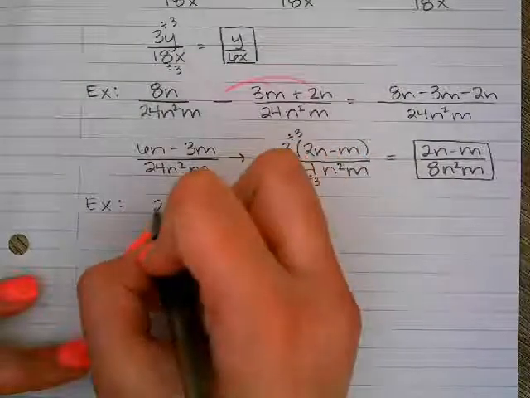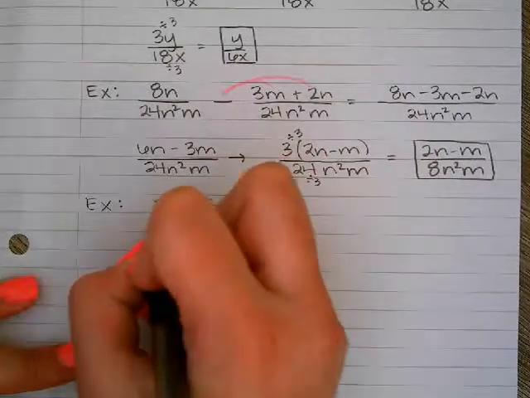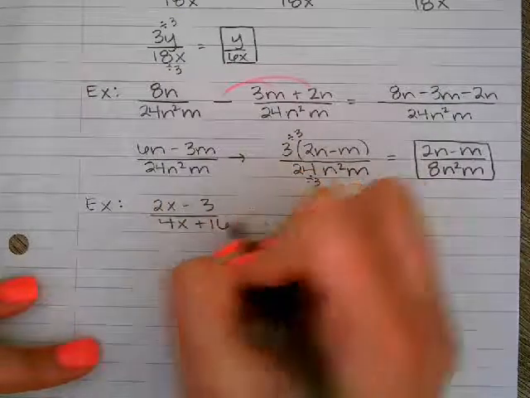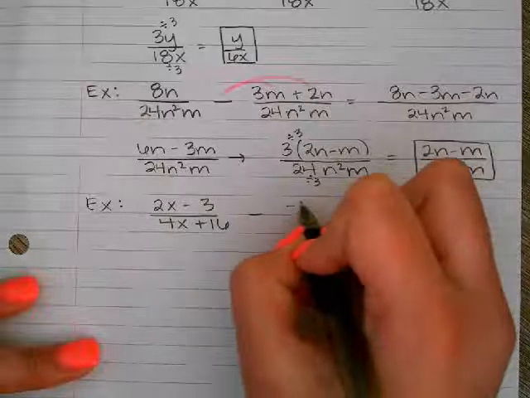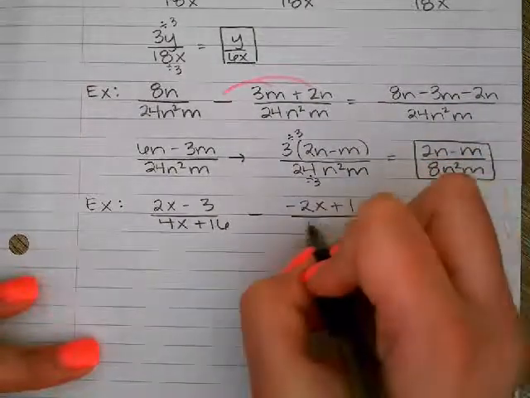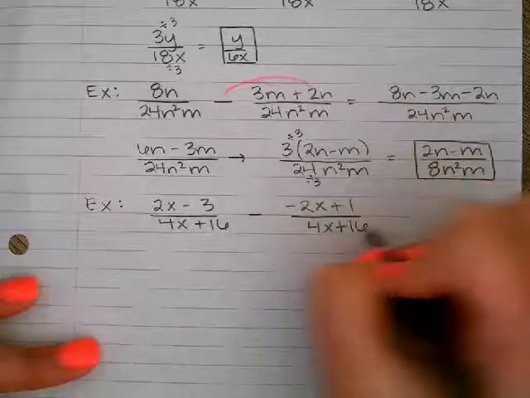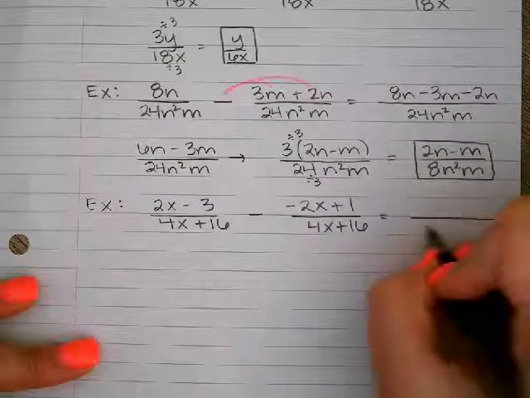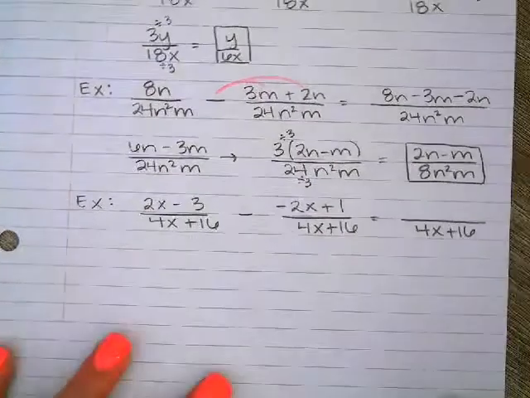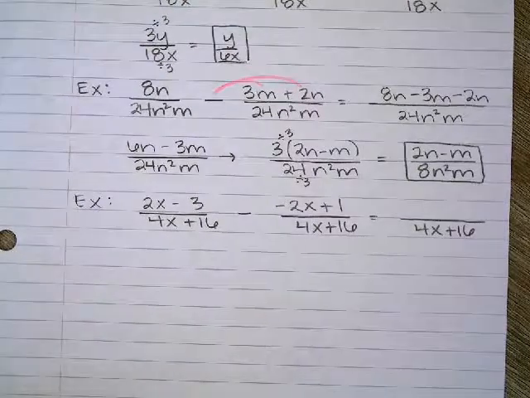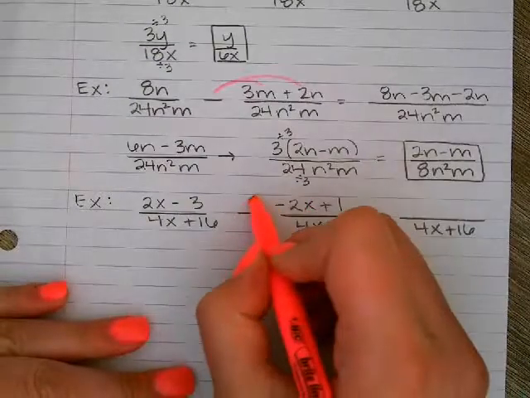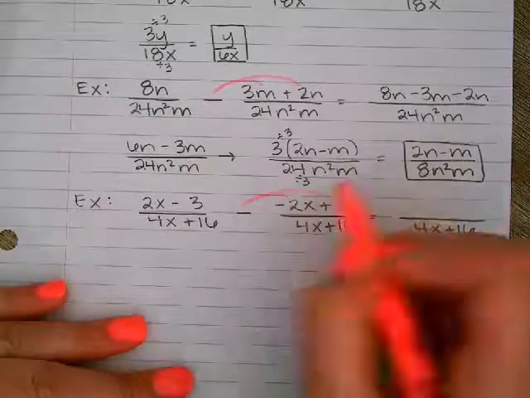If we have (2x minus 3) over (4x plus 16), one variable, so much nicer, minus (negative 2x plus 1) over 4x plus 16. We've got that one denominator, 4x plus 16, a common denominator already. I'm going to make sure that I distribute that negative. Always really careful about that.